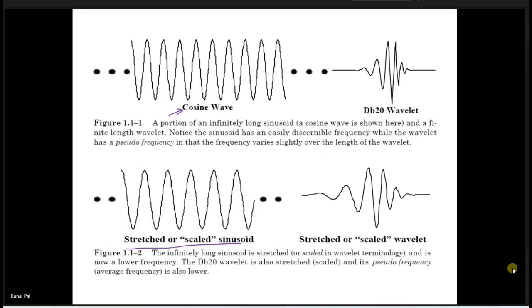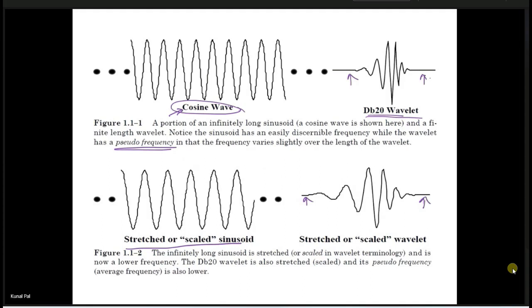In wavelet, we also do the same thing. However, here we use a wavelet and we do not use a sinusoidal wave. Now, when you use a wavelet, it is not a sinusoid, so the frequency component that you will have here is regarded as pseudo frequency. Frequency is usually associated with a sinusoidal signal, right?